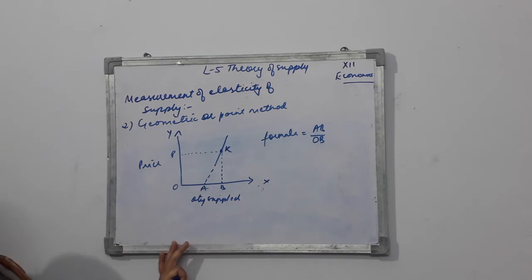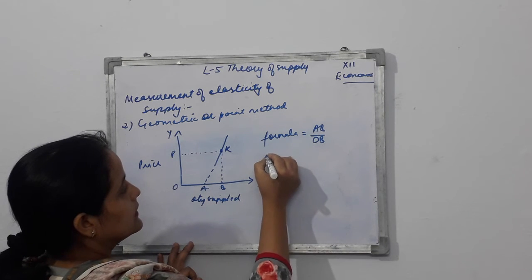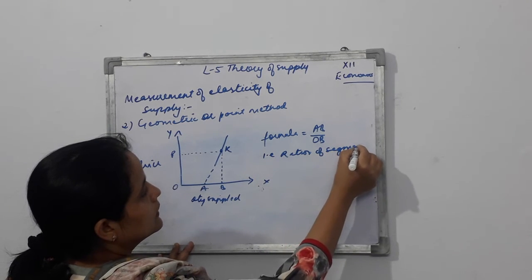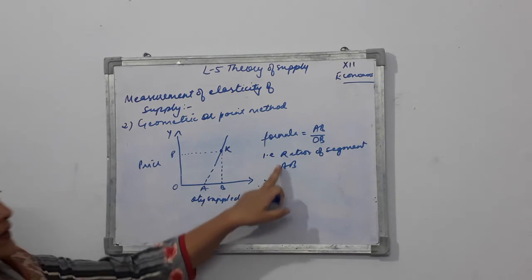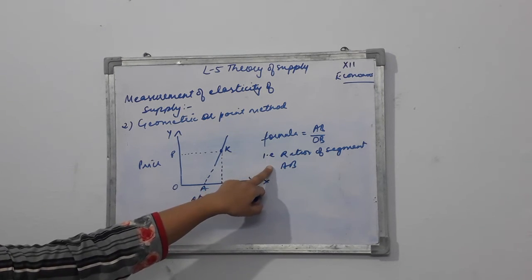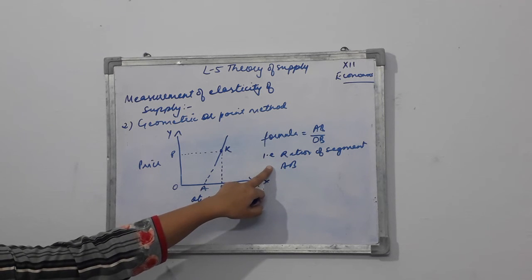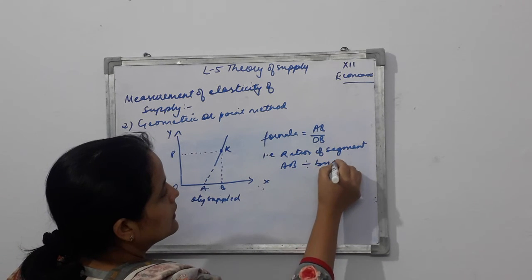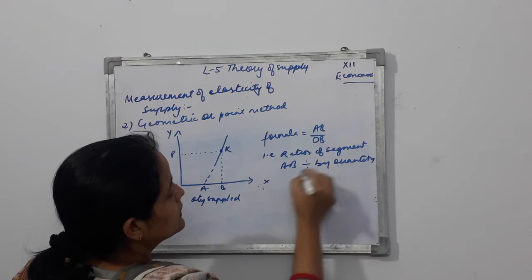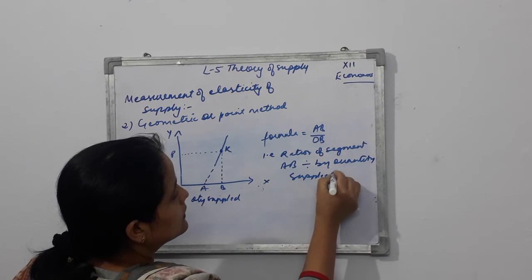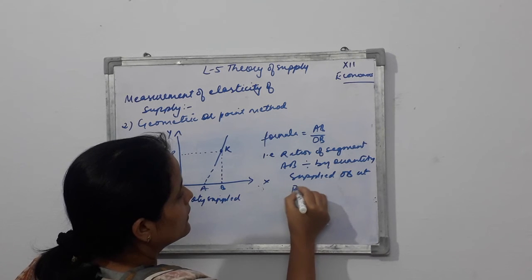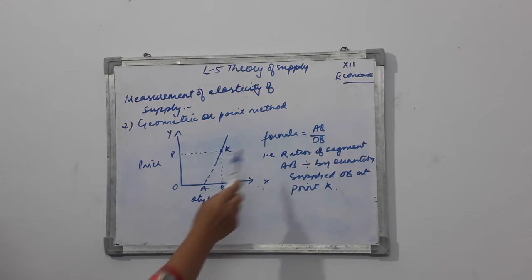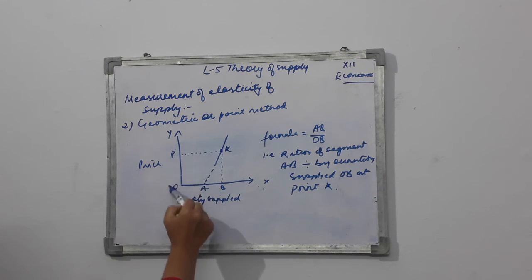Basically, that is the ratio of horizontal segment AB. इसका मतलब क्या है? So what does it mean? This means the ratio of horizontal segment AB divided by the quantity supplied OB at point K. So the formula we are going to use is AB upon OB, right?